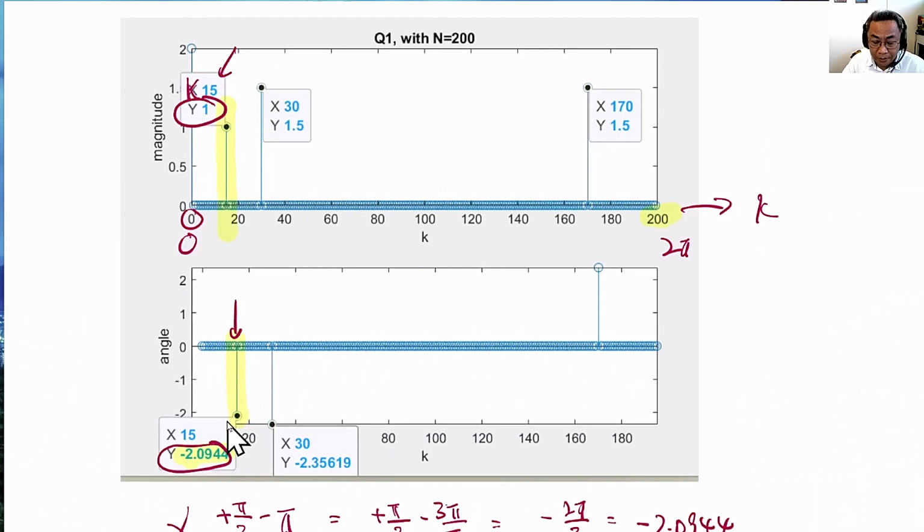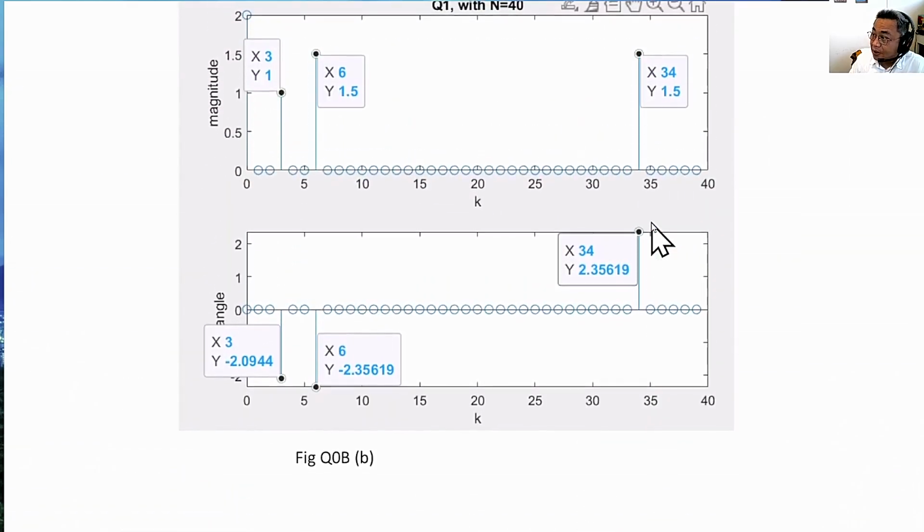So the take-home message is this: as we increase n from 40 to 200, in the previous example it was 40, and this was the magnitude and the phase, sitting at C3.